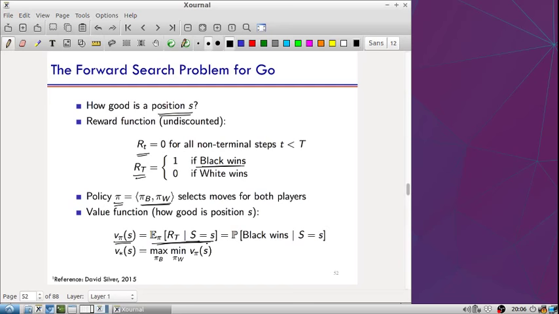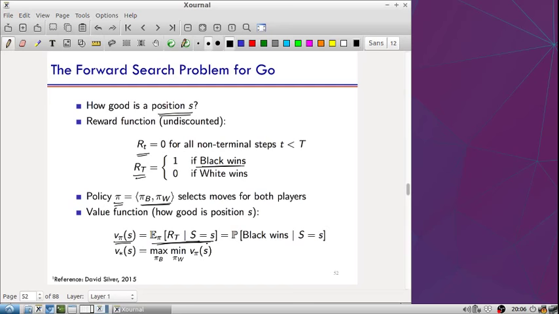And so this is the value of a state. What is the optimal value of a state? You're trying to find the best policy for both the black player and the white player. Because I said the reward is 1 if black wins, you're going to maximize over the policy for the black player, and minimize over the policy for the white player.